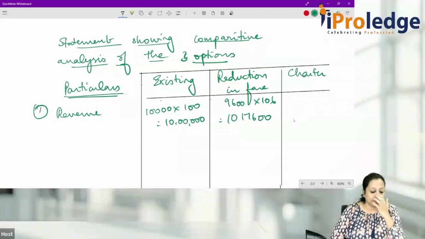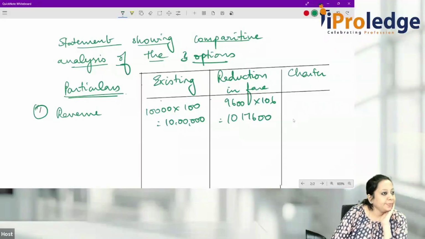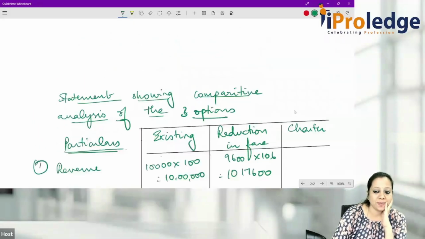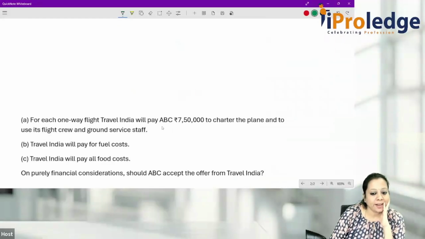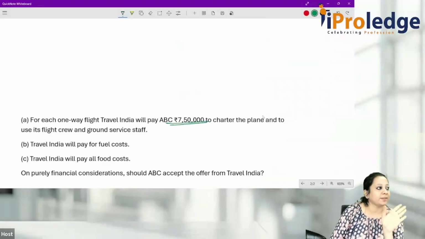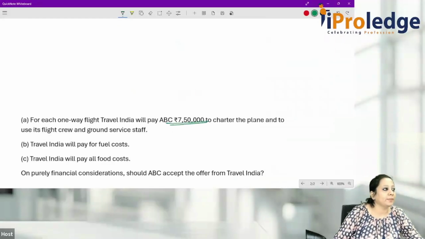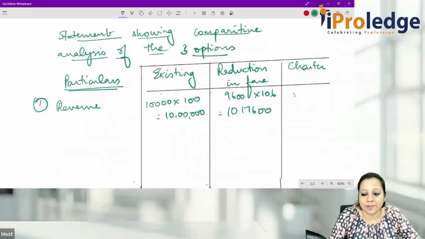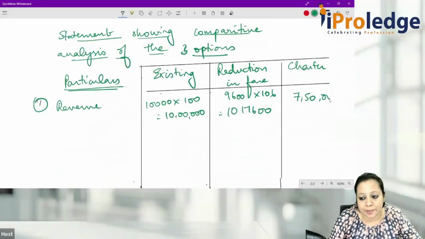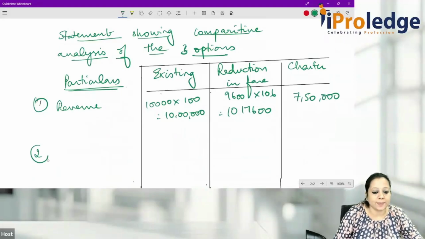Then now we'll go to the charter option. Here, can you all see, one-way flight will pay 7,50,000. They are not telling per passenger and all. They have given this much only, 7,50,000. We will take that amount. Okay, now this is done.